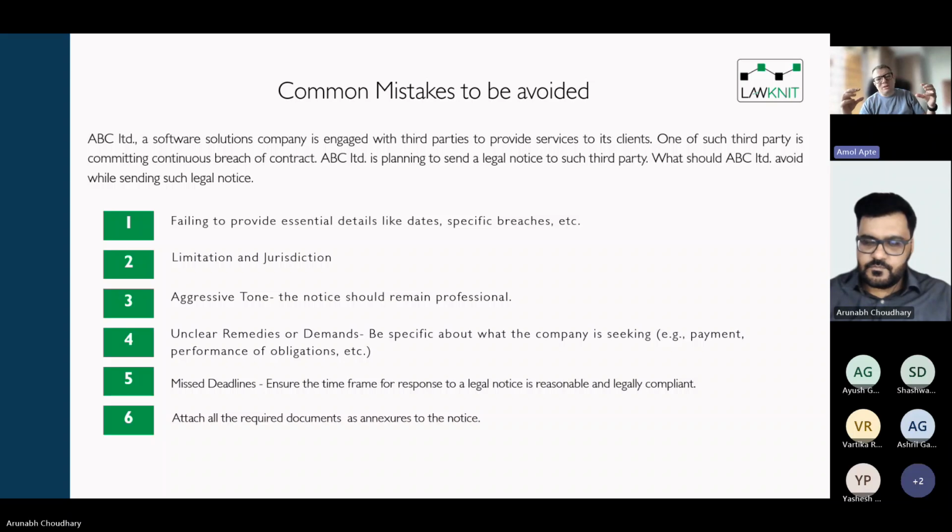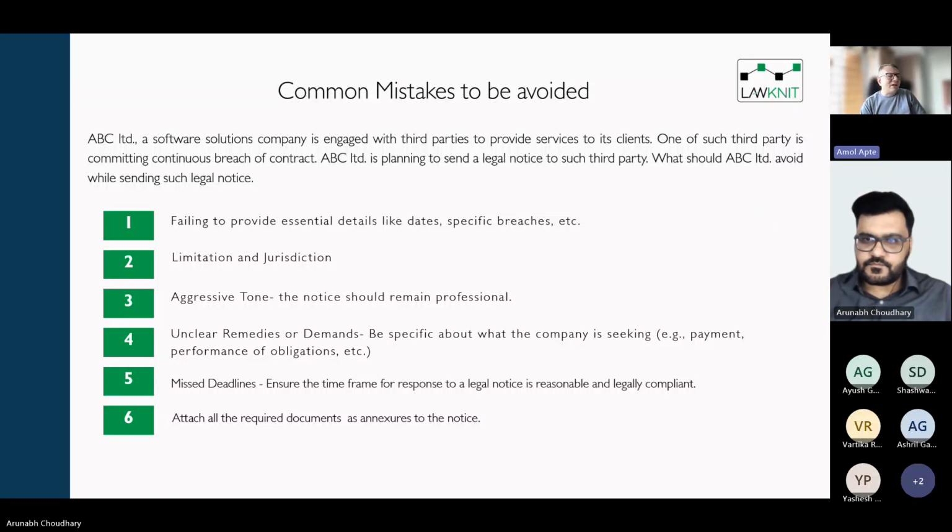It becomes reasonable not only because of the time, but also because of the narration of all the facts and circumstances leading to a dispute. Therefore, it's important to capture all the details leading to a dispute very clearly. Keep in mind that, again, as we spoke, limitation is important.